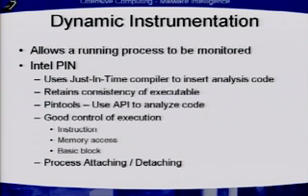PIN retains the consistency of the executable, so when it goes to inspect itself to see if anything's been modified, PIN allows that to go through. And it gives you good control of execution. You can do it at the instruction level, based on a memory read, memory write, or any other memory access, and at the basic block level. The nice thing about PIN is it allows you to attach and detach at will and still keep the program running.